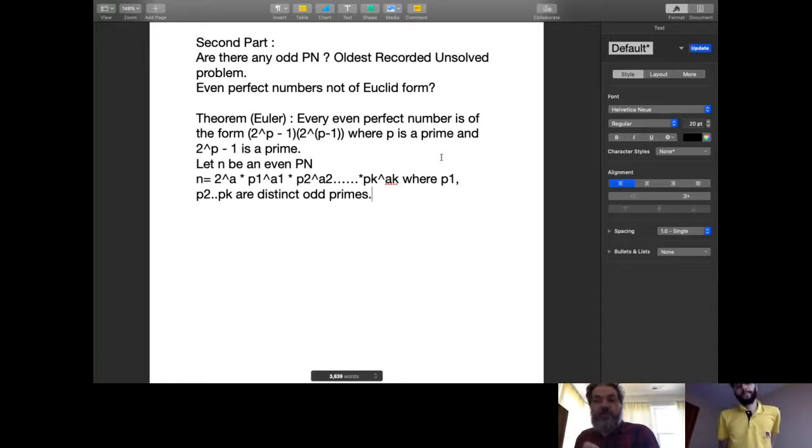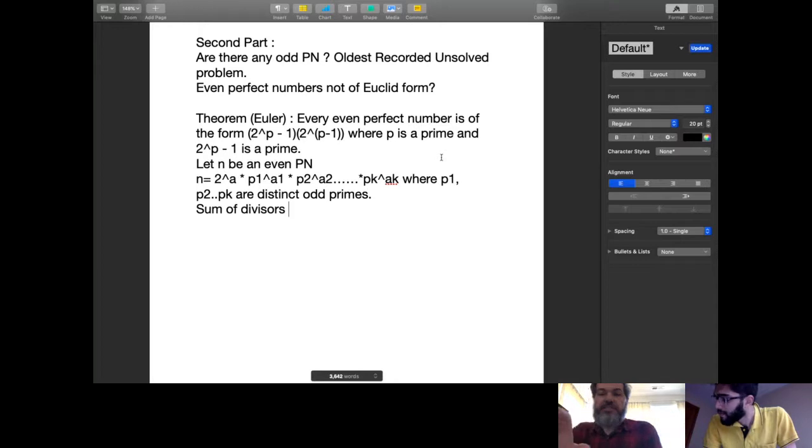Now, the sum of divisors. We have a formula that we discussed in class for the sum of divisors, and we denote it with sigma: sigma of n, sigma parenthesis little n.